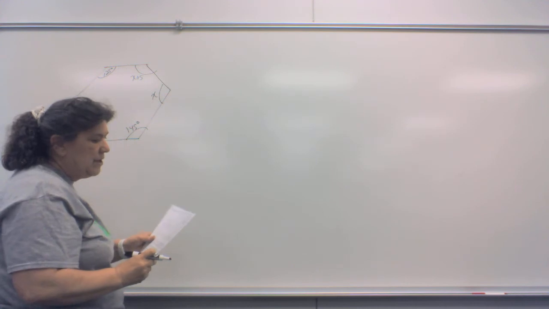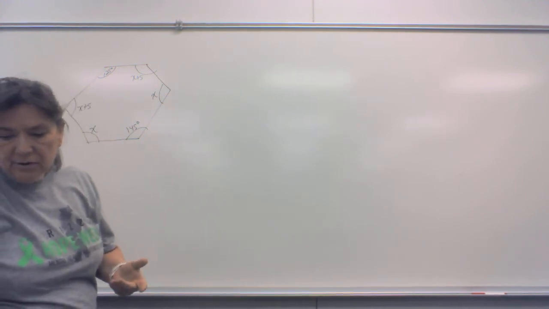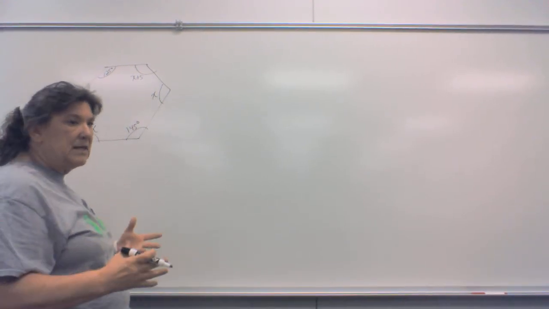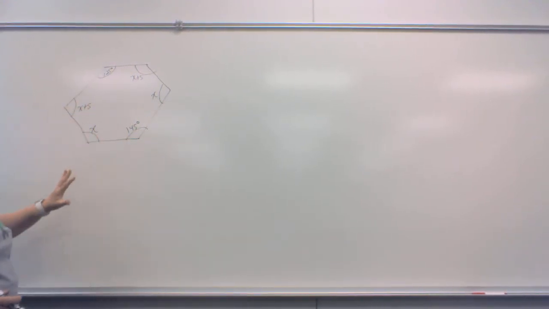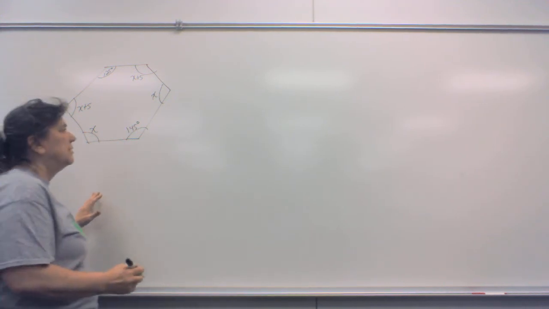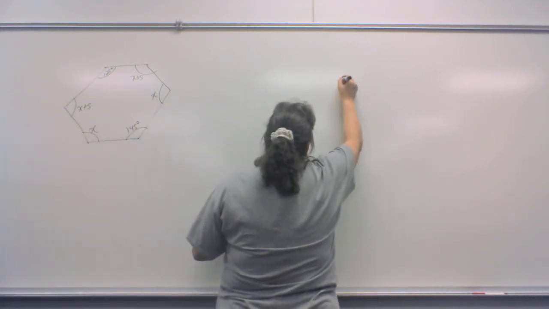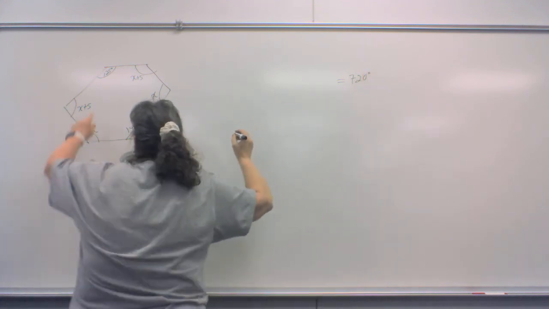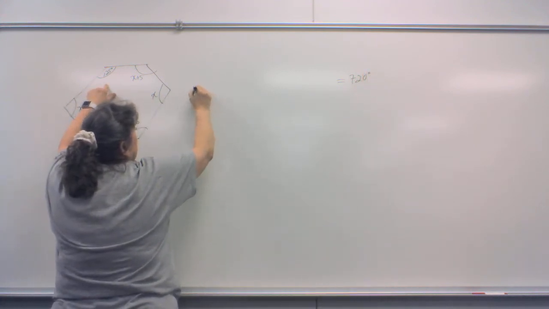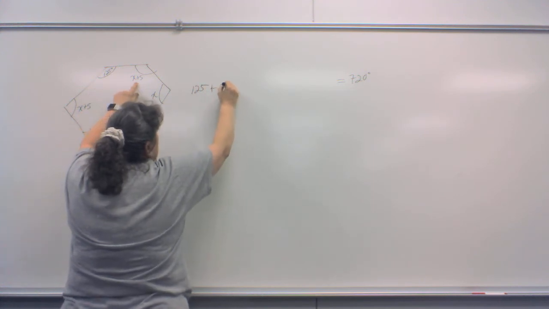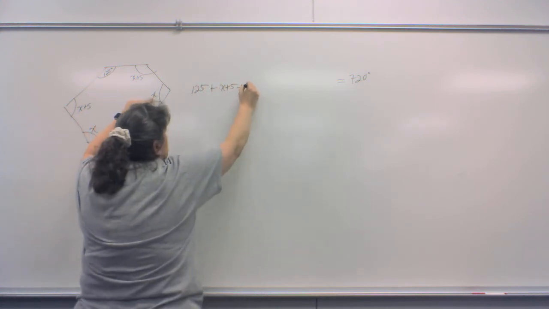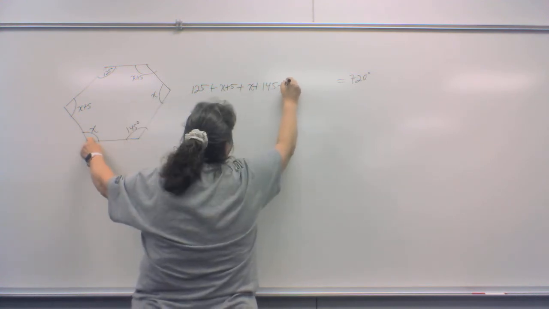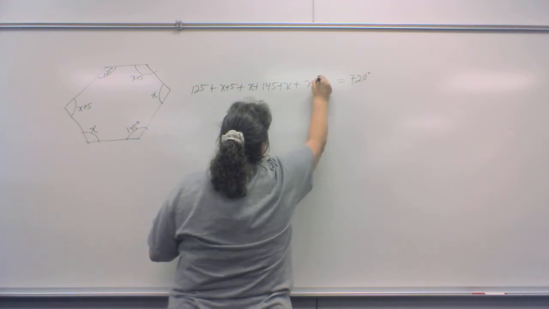Okay? So remember, the 6-sided figure is going to have 720 degrees as the sum of all the angles in that figure. So we're going to have it equal to 720 degrees. So let's write it down. I've got 125 degrees plus x plus 5 plus x plus 145 plus x plus x plus 5.